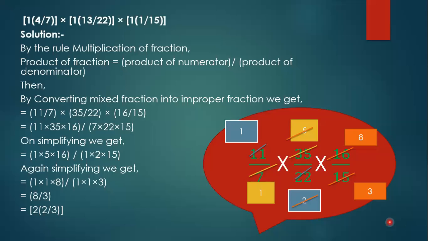When you divide 8 by 3, 2 times 3 is 6, 2 is the remainder. What will you write? 2, 2 by 3, Q R by D. Is this clear, children? Make sure you follow all these steps, and these are really very important.